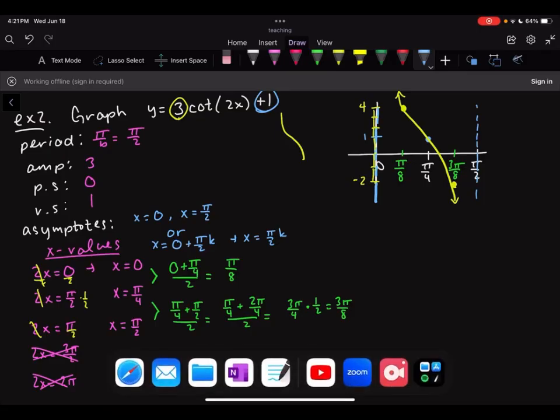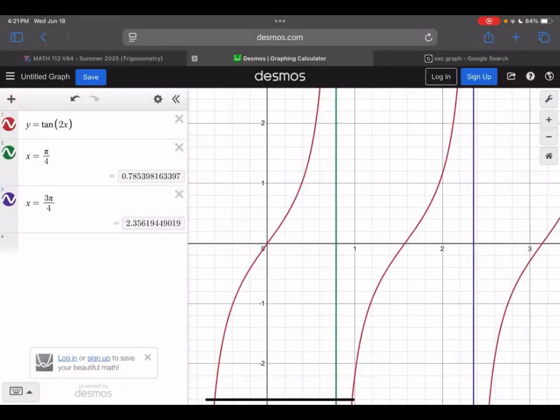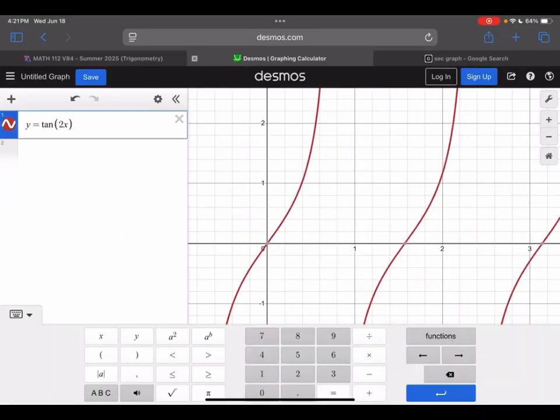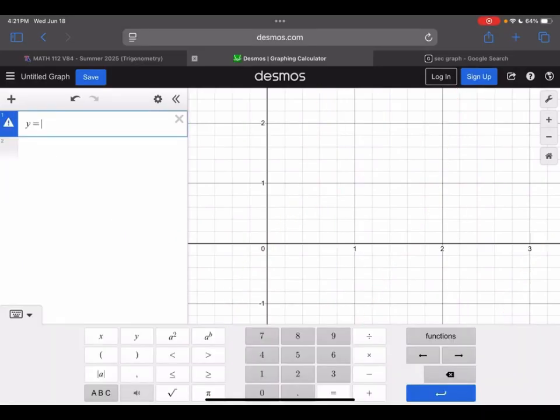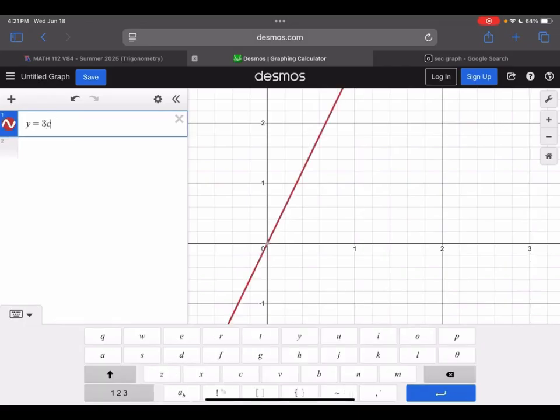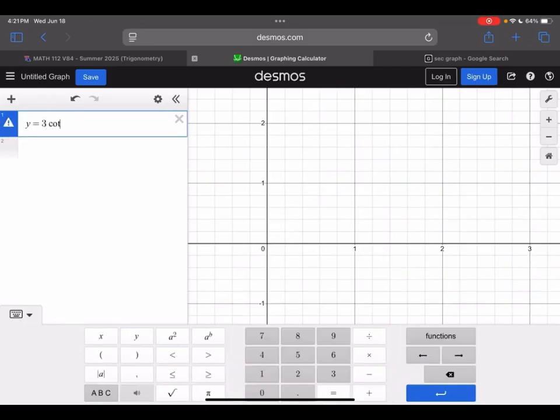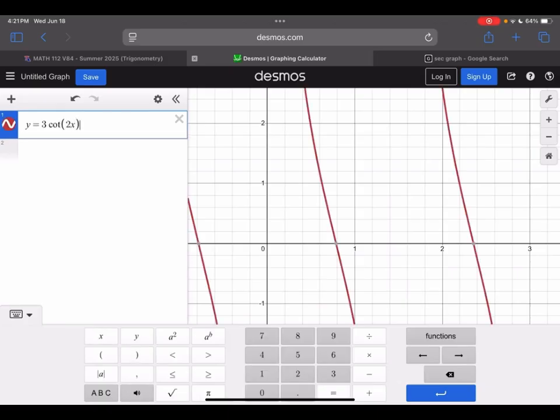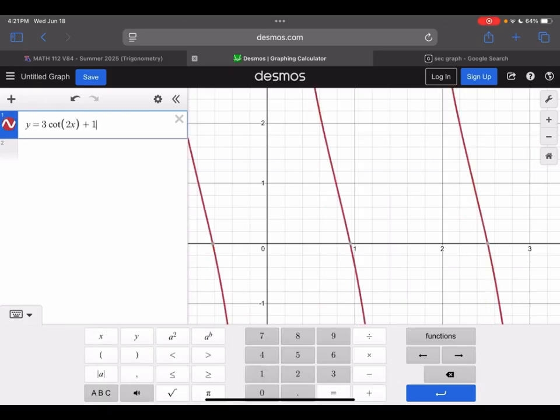And we can go look at this on Desmos real quick, just to see what we're looking at. So this was 3 cotangent, then I did 2x, then I did plus 1. So here's our graph. We can check out our asymptotes if we want.